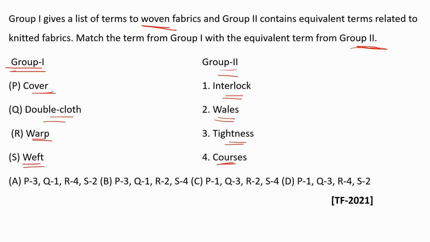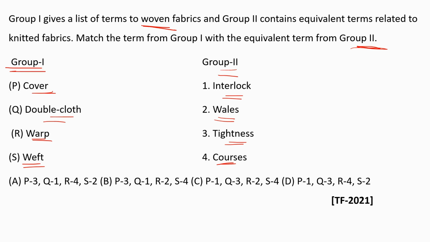If you remember, in knitting a wale is a column of loops running lengthwise, corresponding to the warp of a woven fabric. And what is a course? A course is a crosswise row of loops corresponding to weft.